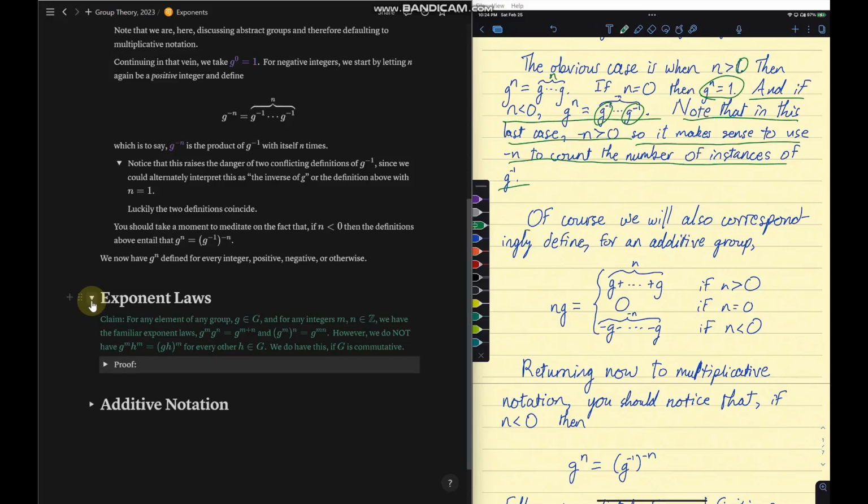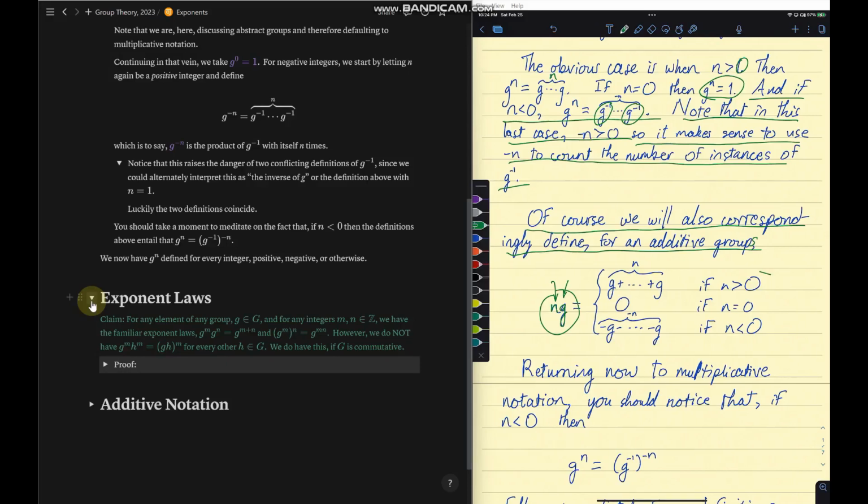Of course, we will also correspondingly define for additive groups the notation of n times g. That threatens to look like group product notation, so we have to be very clear that when we're talking about an additive group, this n is an integer, not a group element, and this g is a group element.